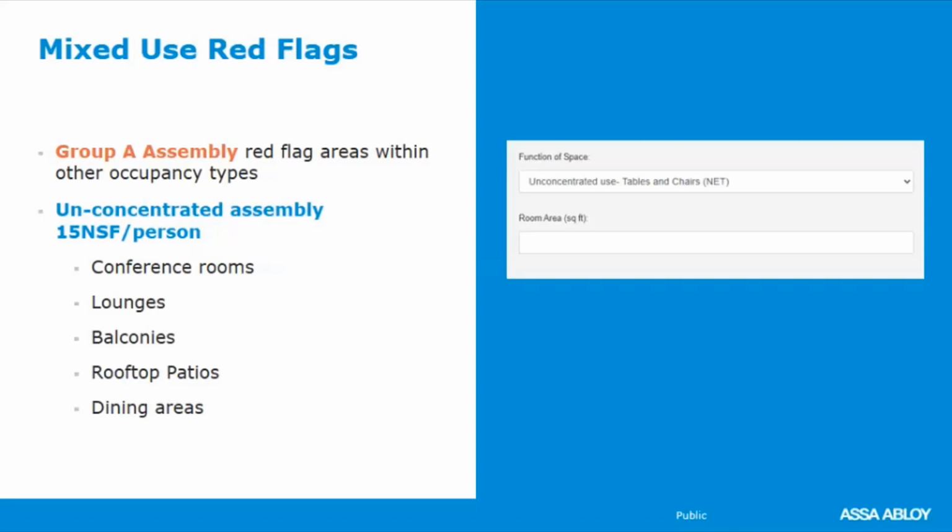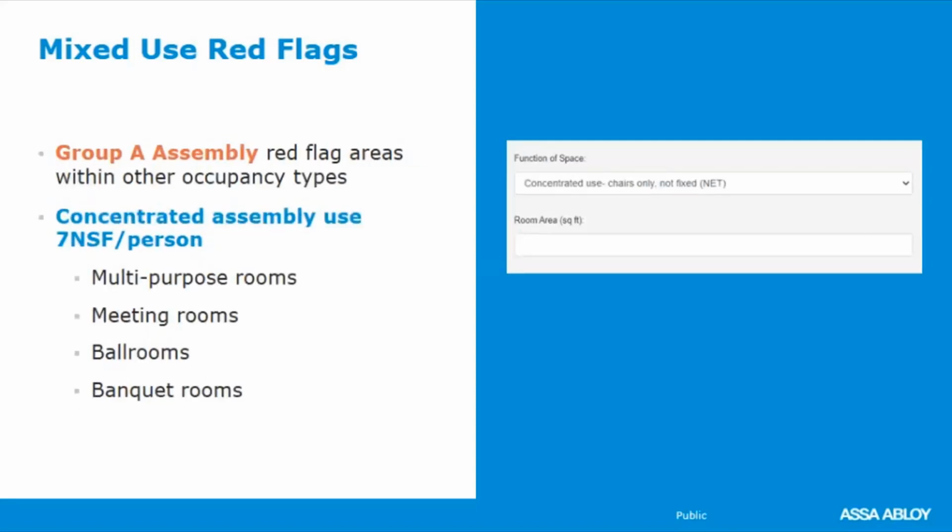Balconies that are used for people to go out and have lunch or whatever could be considered assembly. Rooftop patios that are occupied and gathering together people. If you have 50 or more people, that would be considered assembly. And dining areas within any type of occupancy, if it's large enough to have 50 people, it would be assembly.